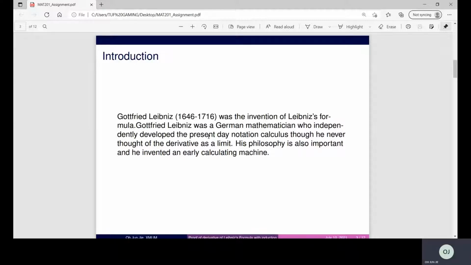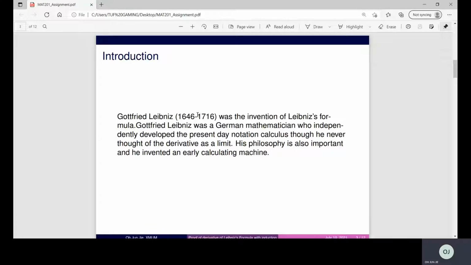So he was the inventor of calculus in the middle of the 1670s. And his philosophy is also important. And he also invented an early calculating machine.